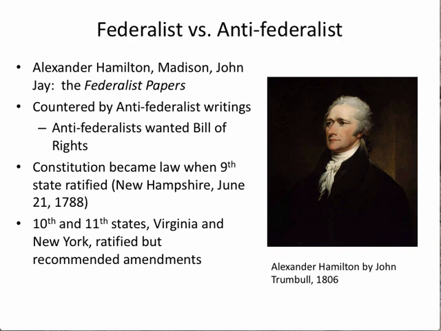And in both of those states, they did ratify the Constitution, but in both cases they said, we are ratifying on the condition that amendments will be added clarifying the rights of the people. And so when the federal government went into operation and the first Congress met, that became the first order of business, to draft a Bill of Rights to add that to the Constitution. And of course that is what happened.